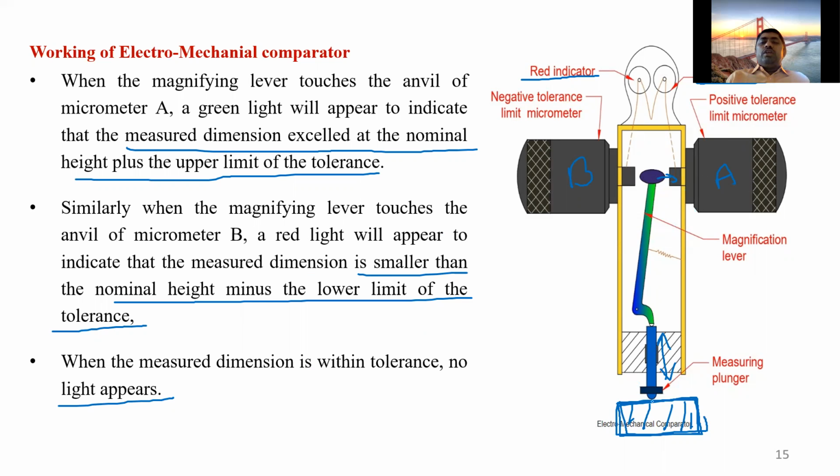If the component is made below the lower limit of the size, the magnification lever touches micrometer B and the red light will appear. If the component is made within the tolerance limits, no light will appear. So that is the working of the electromechanical comparator.